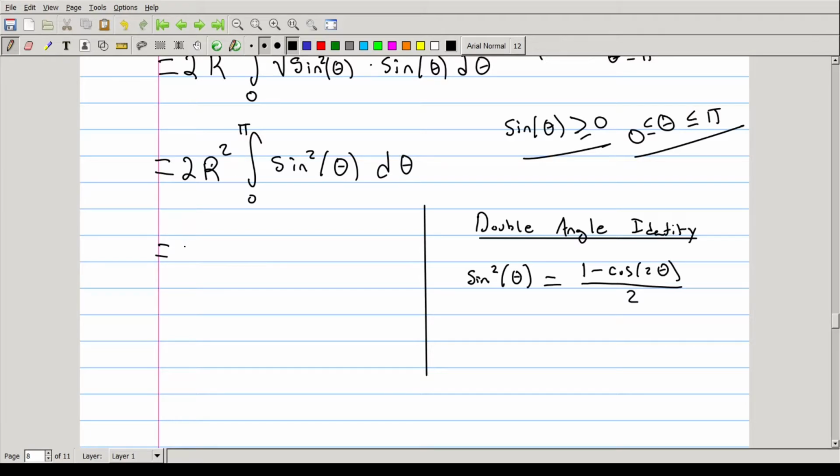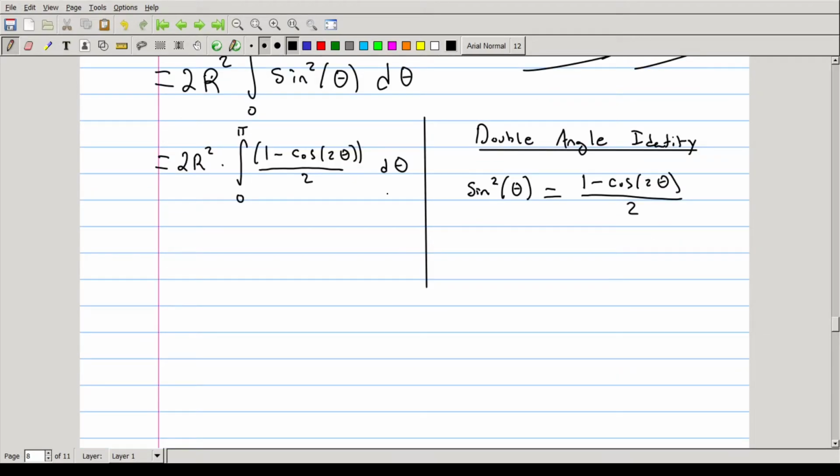So if we substitute this in, this integral is 2r squared times the integral from 0 to pi of 1 minus cosine of 2 theta over 2, with respect to theta. The 1/2 comes out, so the 2's cancel one another.